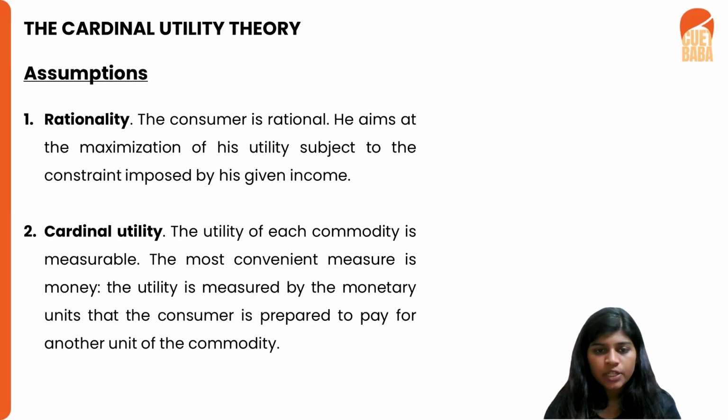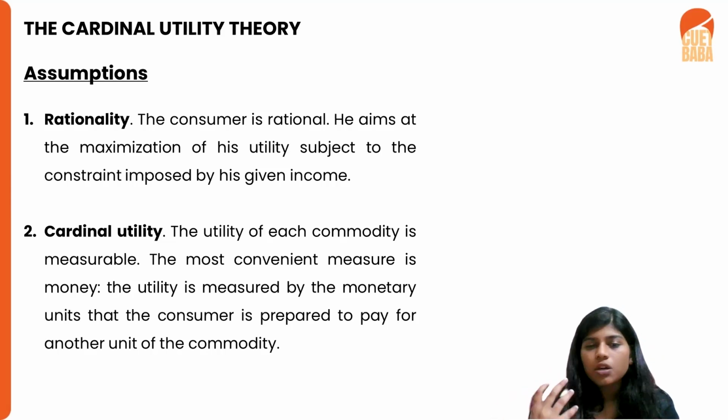Looking into each of them in detail, the first one is that the consumer is rational. The basic assumption given is that the consumer is always rational. But when we look into the real world, this could be a criticism, because a consumer is not always rational. But here the assumption is that the consumer is rational. What exactly does rationality mean?